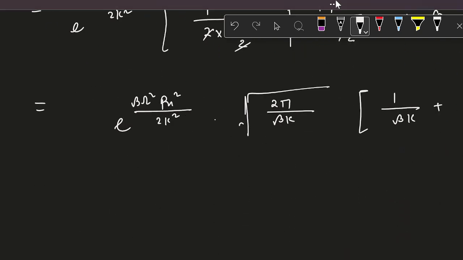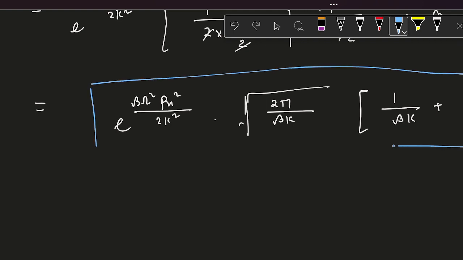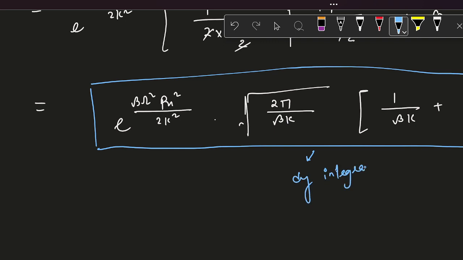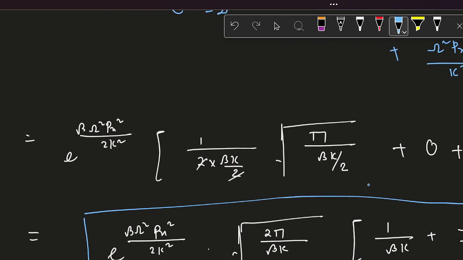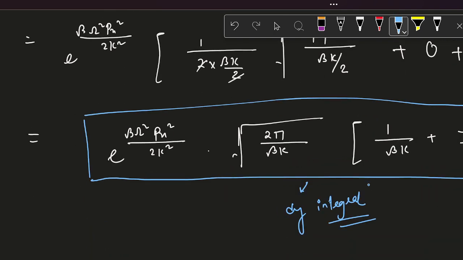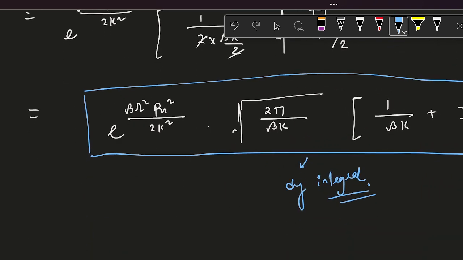So this is your final answer, and this is coming from the dy integral, obviously. Okay, so hopefully this part is correct. I have not missed out any term. Okay, let us see now what happens forward.